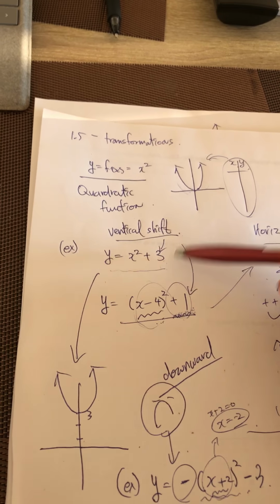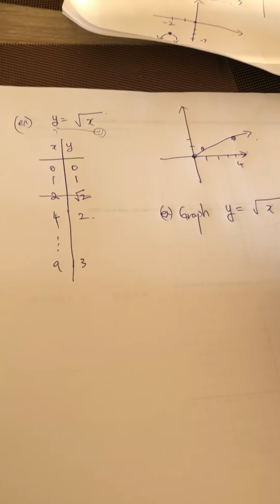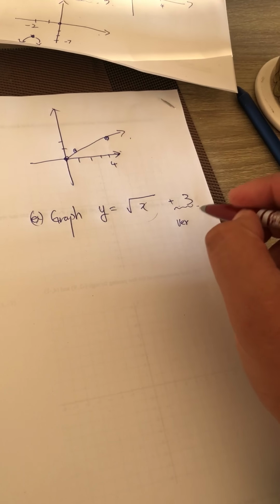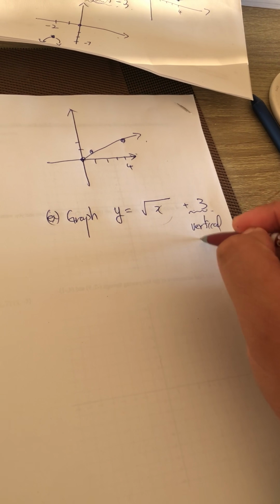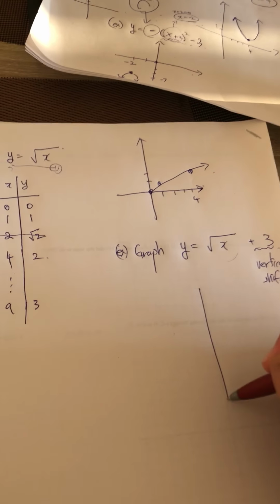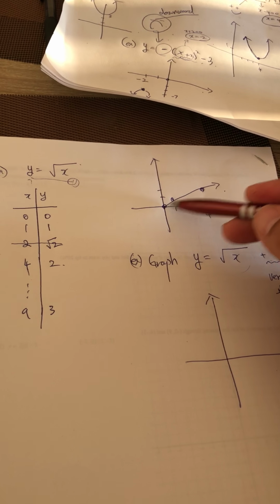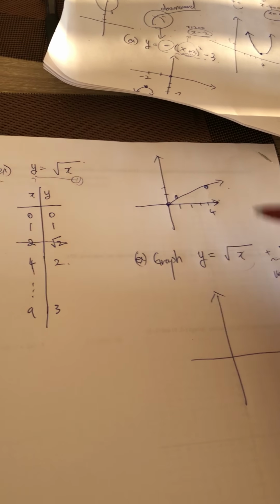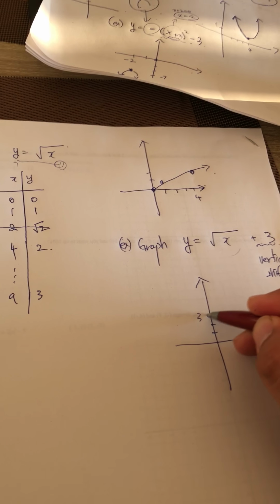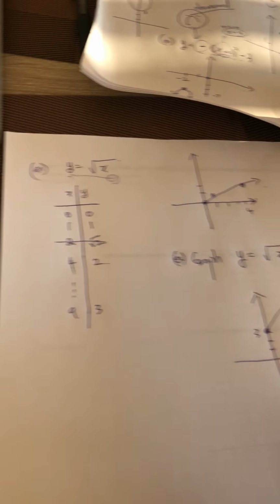So therefore, we know that this must be vertical shift. So then that becomes a whole lot easier. From this graph, every point on the line, we have to bring up by 3 units. Wow.